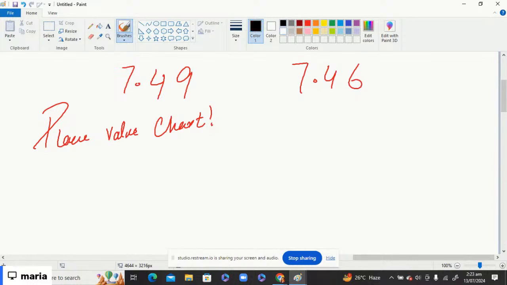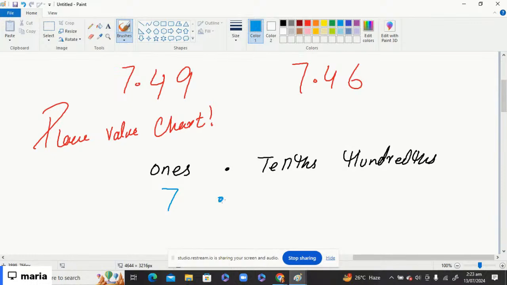Here let's write the place value chart: ones, tenth, hundredth. So let's put the numbers: 7.49, then 7.46.